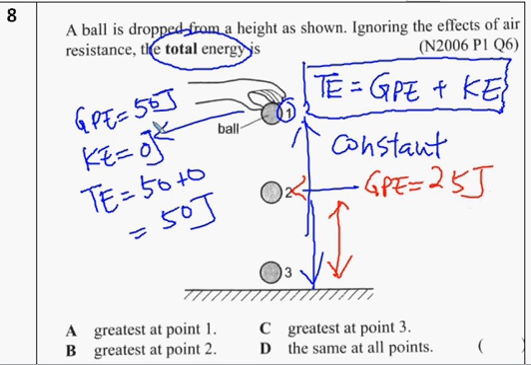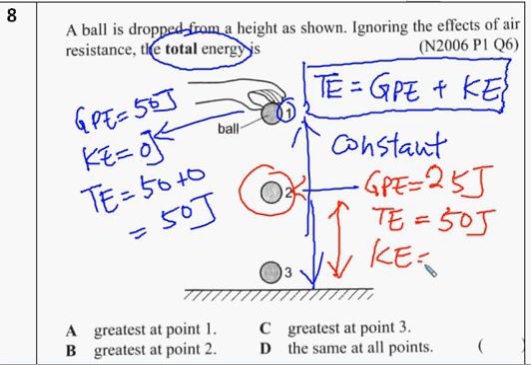But because my total energy remains constant, it's still 50. So what do I do with this information? With total energy 50 and the new GPE at position 2 as 25, my KE will be equal to 50 minus 25. My kinetic energy has started moving, so it's 25 joule. This is for position 2.